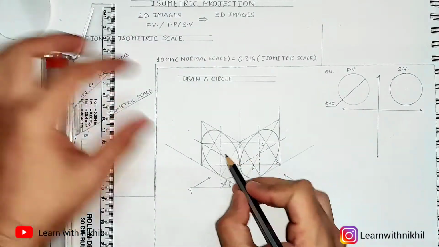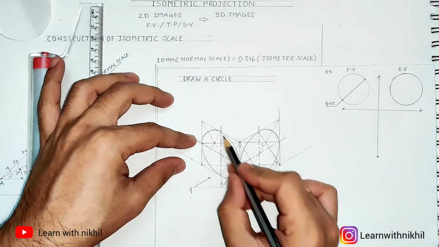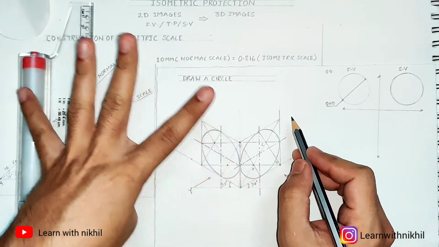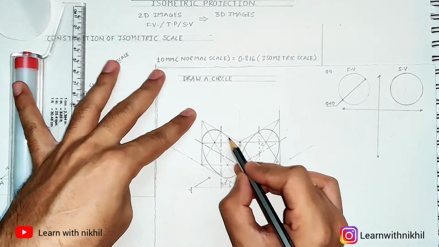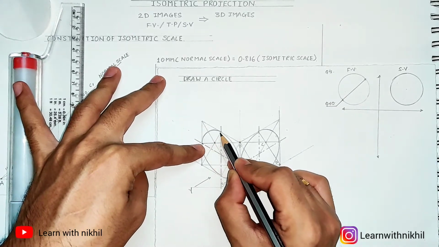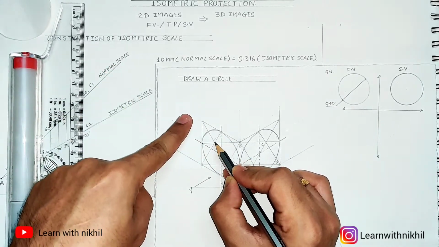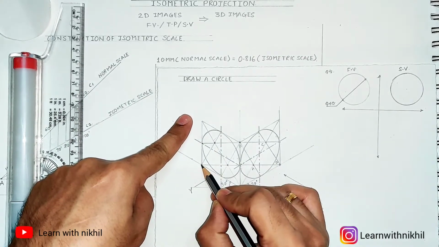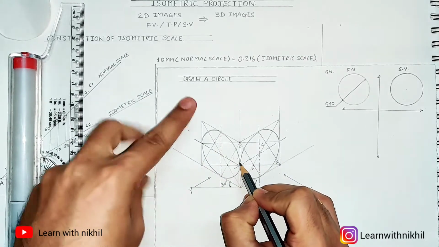As we have discussed earlier, to draw the circle we require 4 points, and for a semicircle we require 2 points. So for this semicircle, from this first point we will draw this curve, and from this point, radius as this, we will draw this curve.